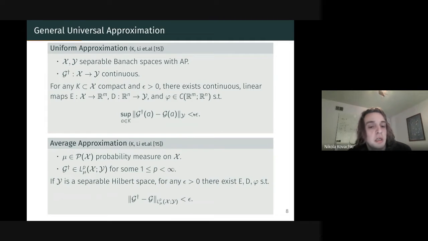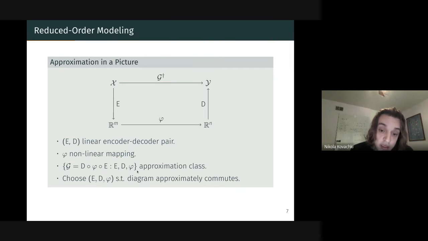Similarly, if we talk about average approximation, then for any probability measure on X and any G dagger that is P integrable, we can again find an encoder-decoder pair and phi for which universal approximation holds. So the above diagram and this class of operators that I've defined here is a very general one.